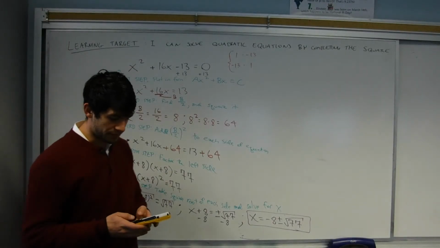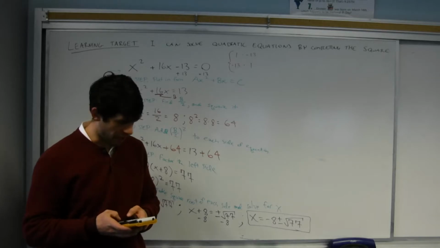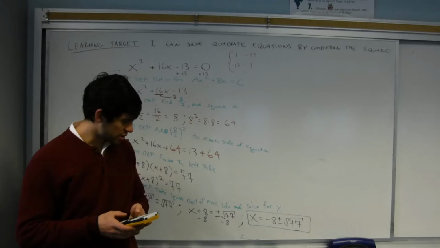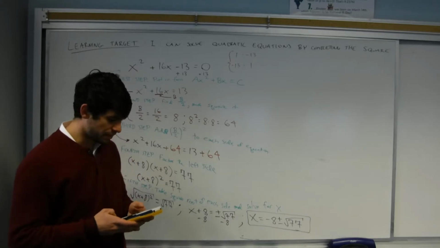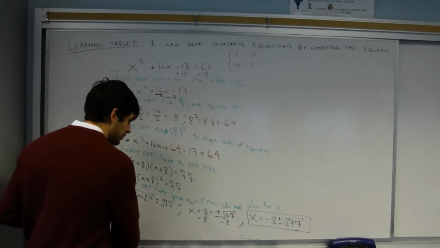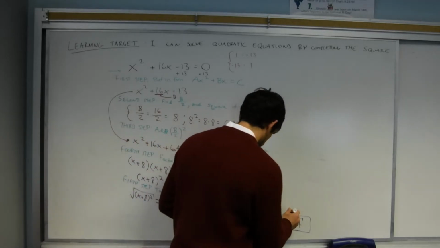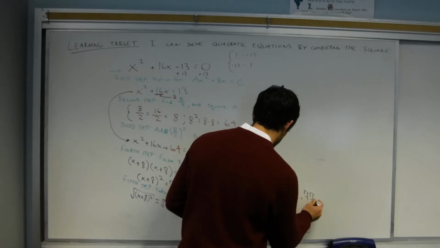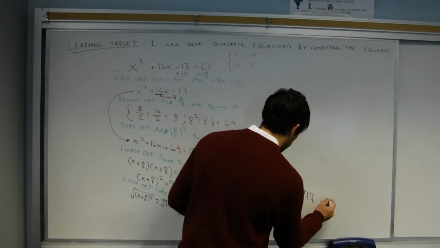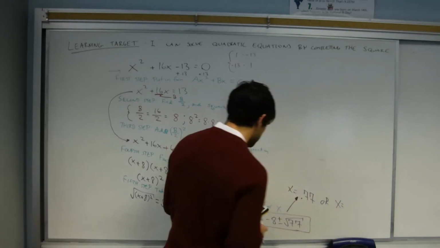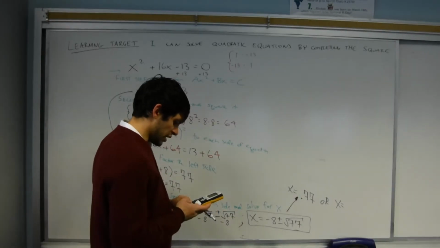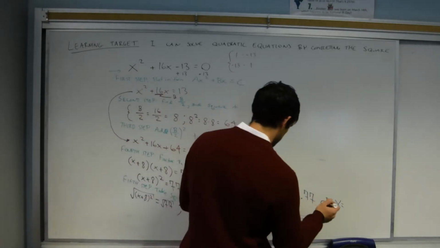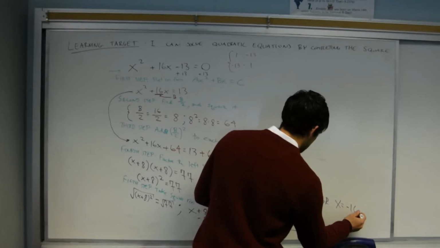If I do that, negative 8 plus square root of 77 is going to be equal to .77, or we could also get negative 8 minus square root of 77, negative 16.77.